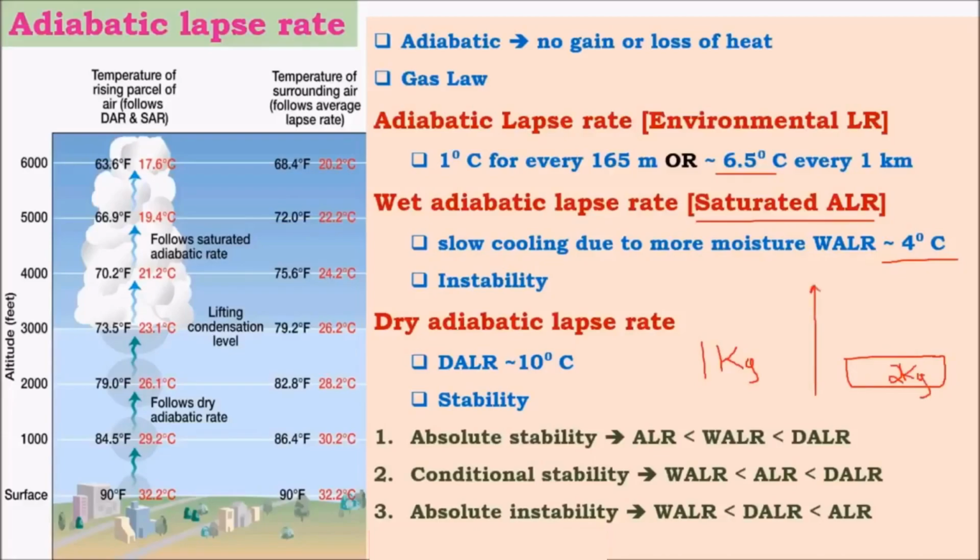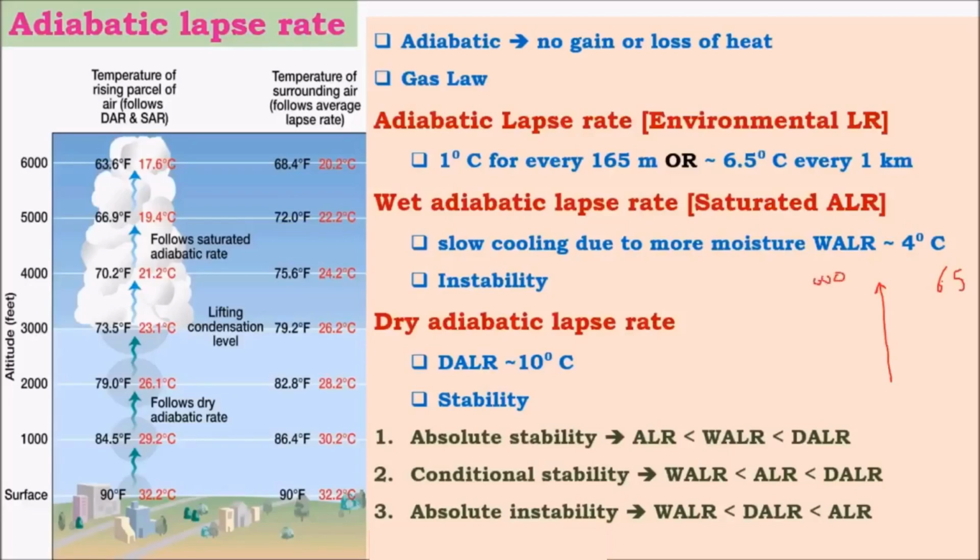It rises because of the increase in temperature, and during this rising it reaches a certain level of the atmosphere where the temperature falls due to the lapse rate. It is about 6.5 degrees Celsius for every 1 kilometer, and at a certain height the temperature becomes so cold that the water vapor starts condensing.